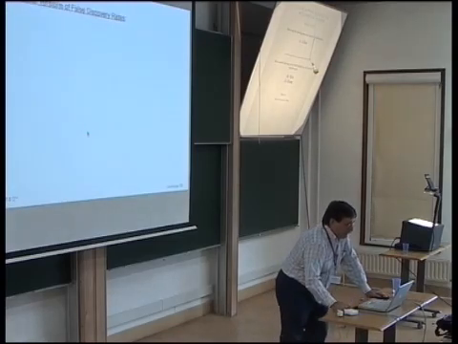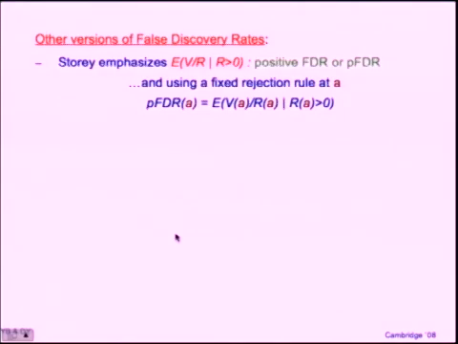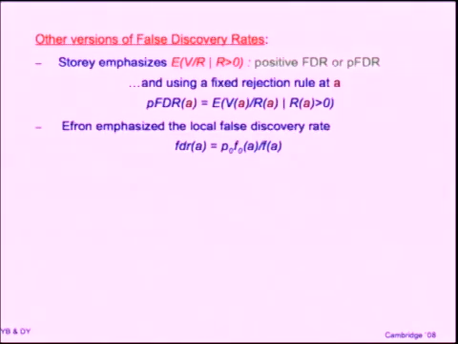There are other versions of the false discovery rate. Storey emphasizes the conditional expectation given R is positive. And if you use a fixed rejection region, then you define this one: if you use everything less than A, every p-value less than A is significant, and you get this definition.